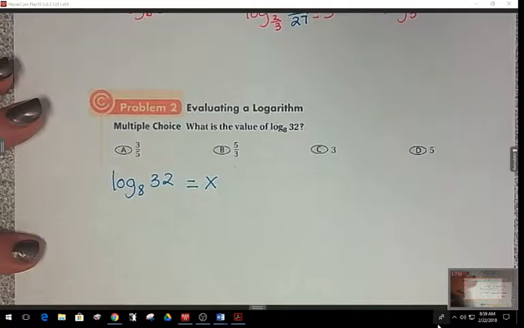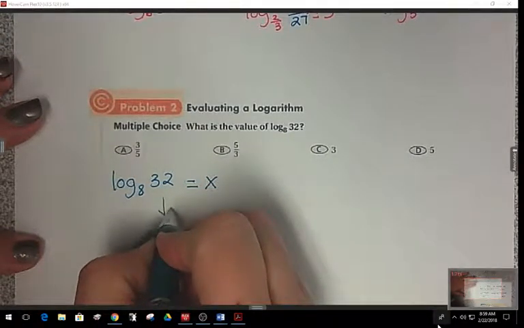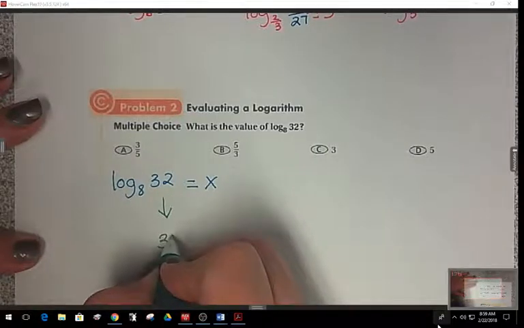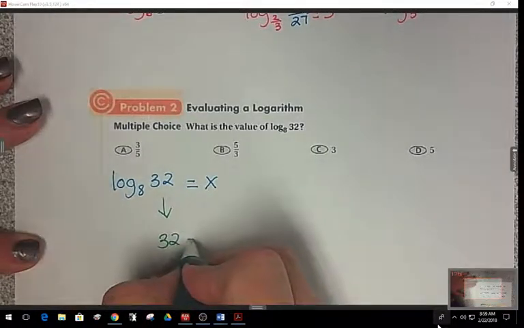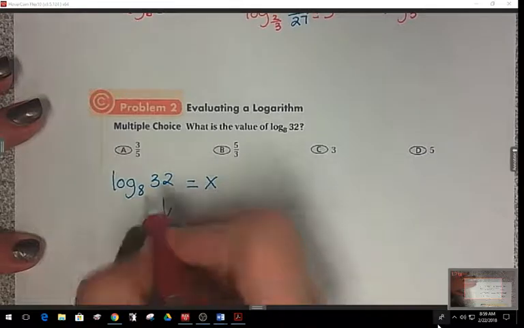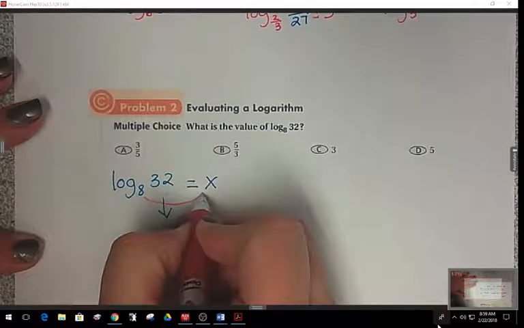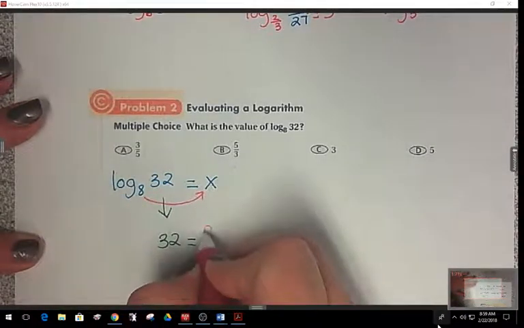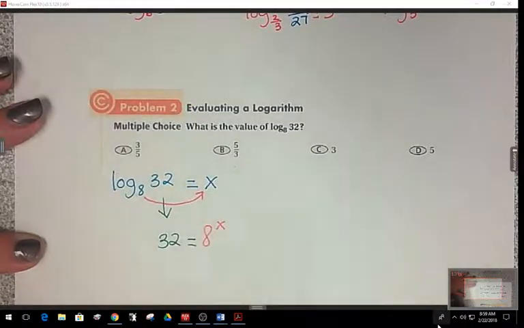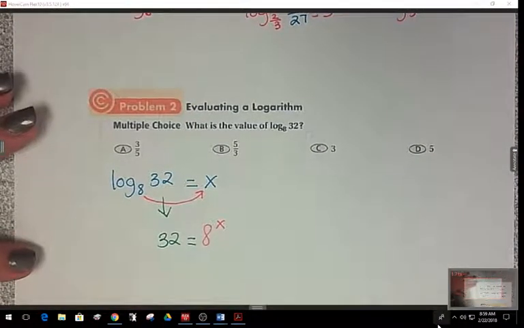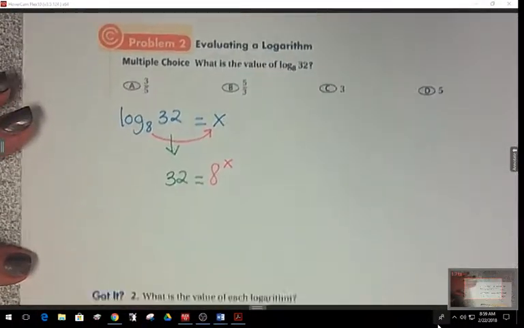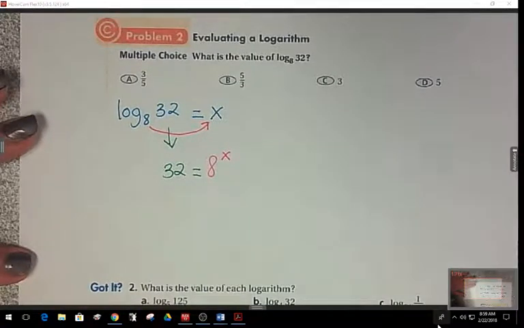And again, I do it the same way every time, but my brain likes it better this way. I'm going to start out bringing this number straight down, equals. And then on the other side, I'm going to do 8 to the x power. And now I've got to figure out what x is.